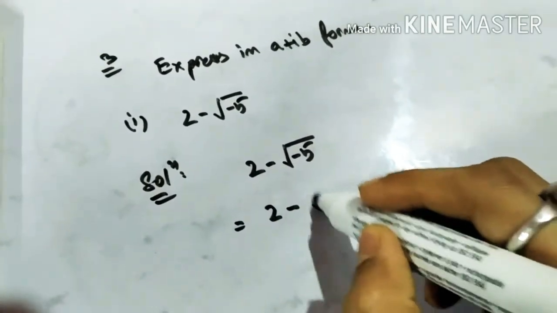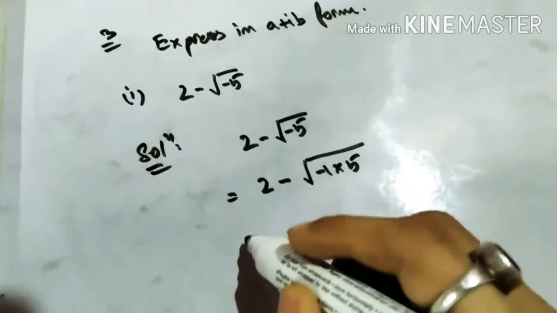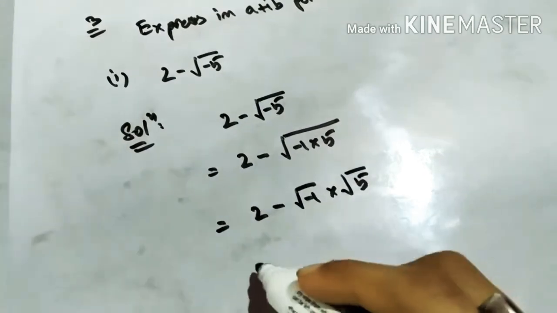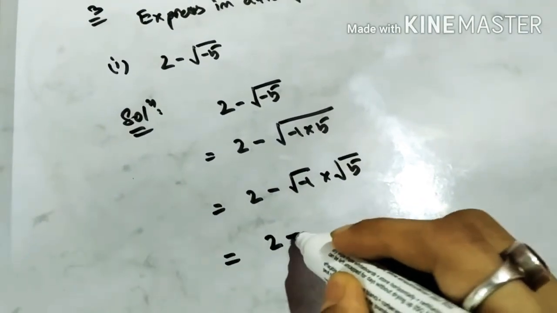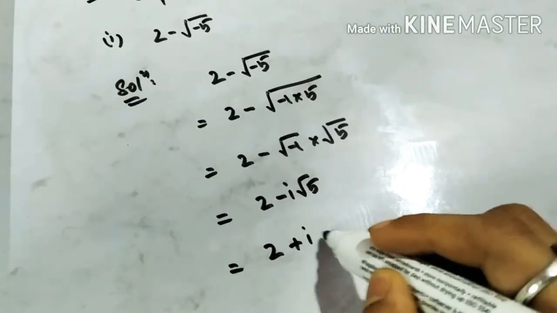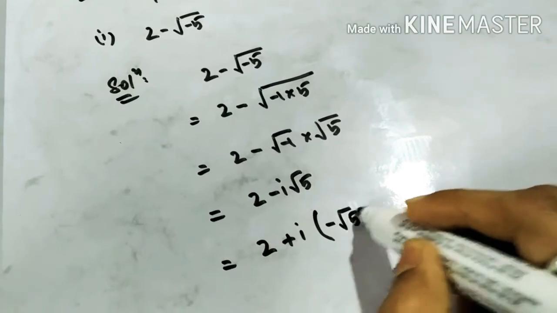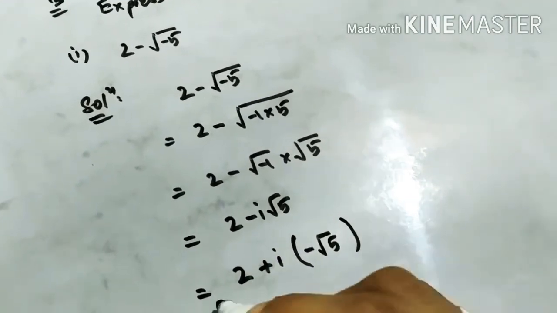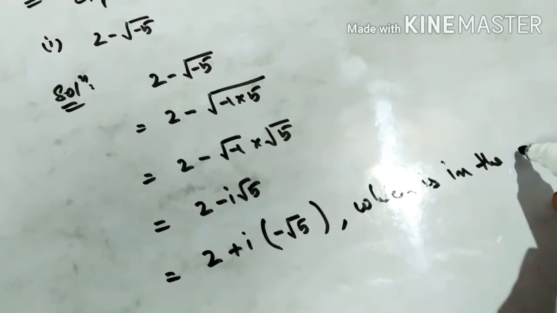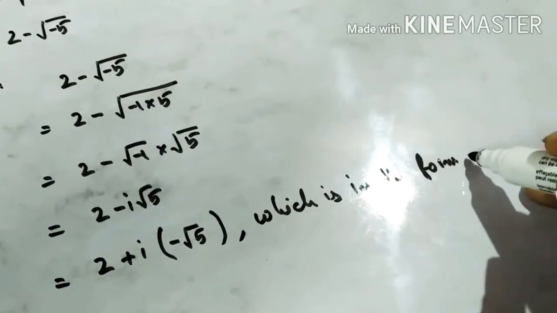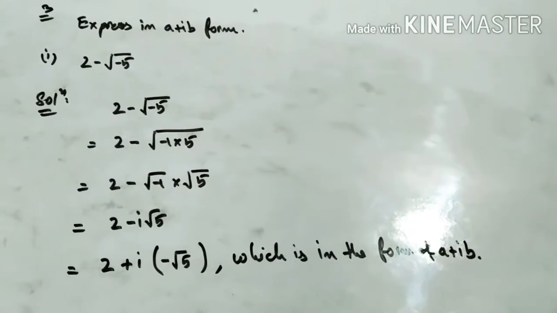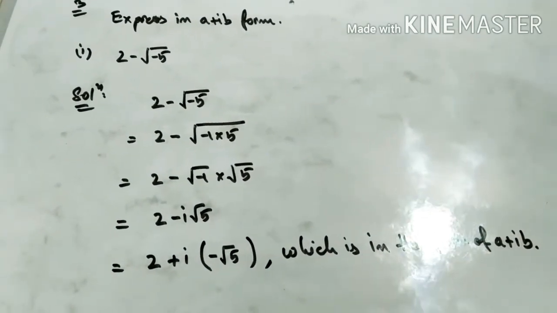I can write it as 2 − √(−1 × 5), that is 2 − √−1 × √5, 2 − i√5. This I can write as 2 + i(−√5), which is in the form of a + ib.